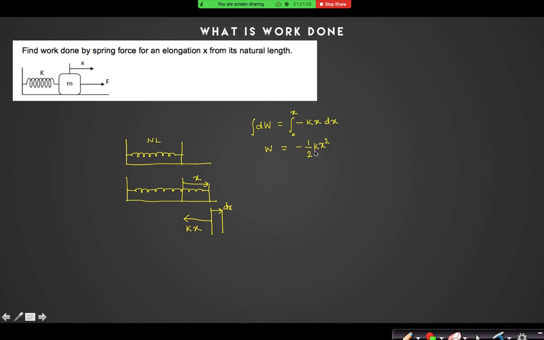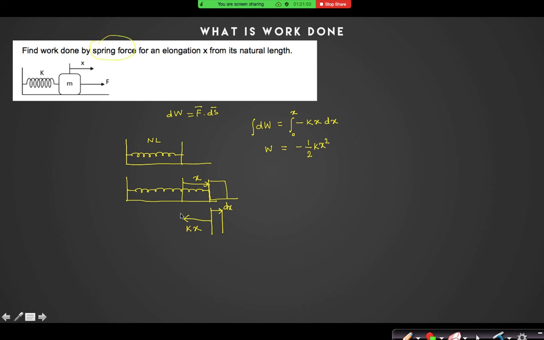Please explain the integration once more. Why did that kx dx come? Do you know the formula for work done? It is F dot ds. What is the force on this block? Let us talk about only the spring force, because I have to find the work done by the spring force.